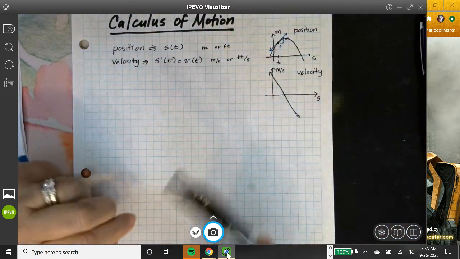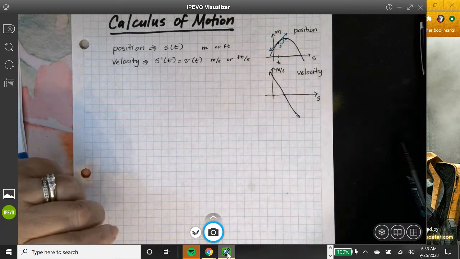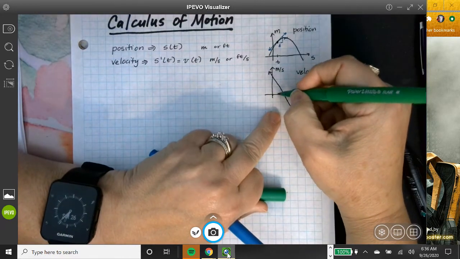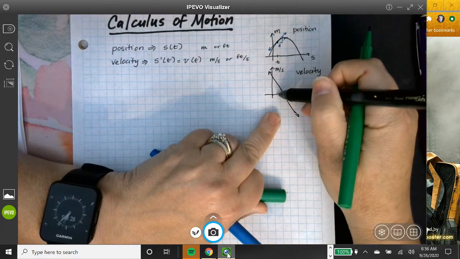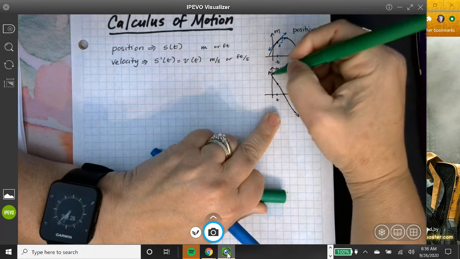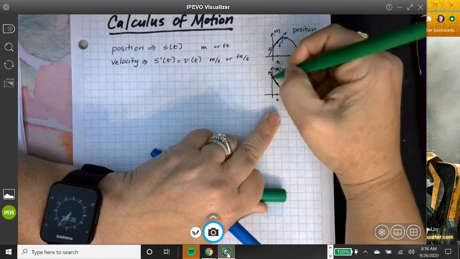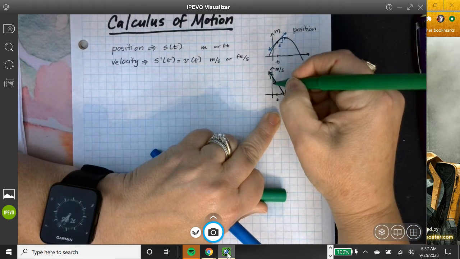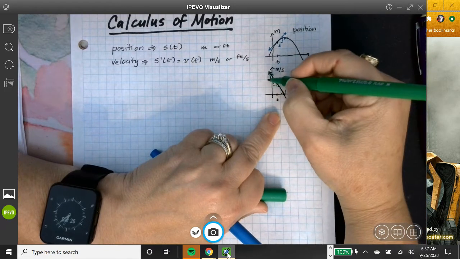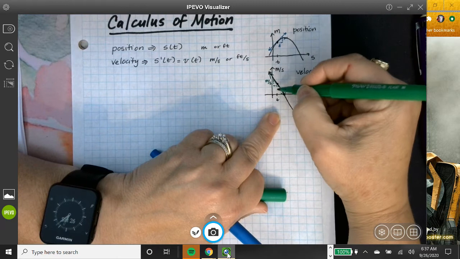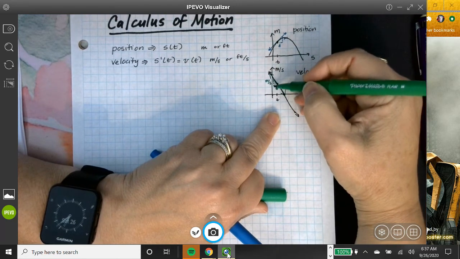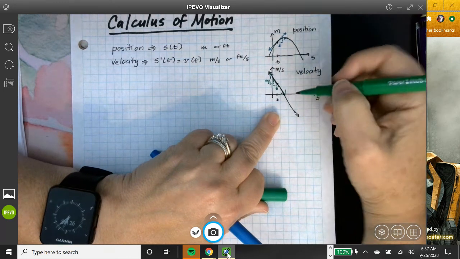Now, obviously, this velocity graph has an instantaneous rate of change at some time t, which would be a tangent line here. And it's going to have a rise over a run. And the slope of this line is going to be meters per second over seconds, which is going to be an acceleration because the rise units are meters per second, the run units are seconds.